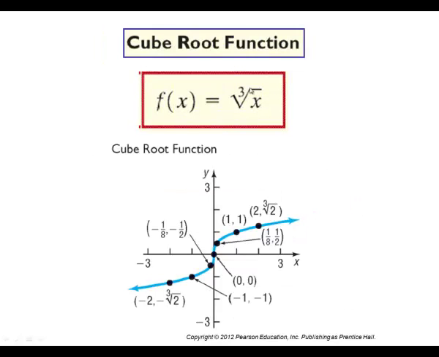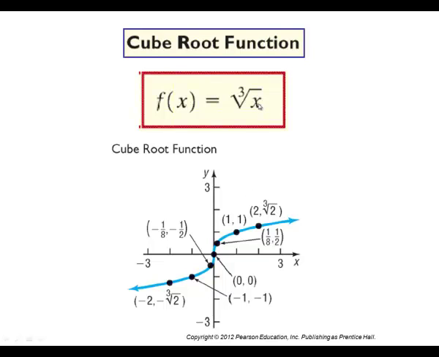Here we have a cube root. And here, notice there are positive and negative x values. Well, let's examine the positive side first. First, 0, cube root of 0 rather, so that's still going to be 0. Cube root of 1, well, 1 times 1 times 1 is still 1, so cube root of 1 is 1.